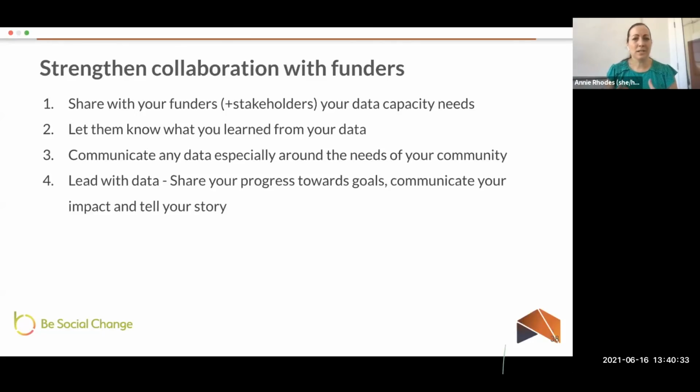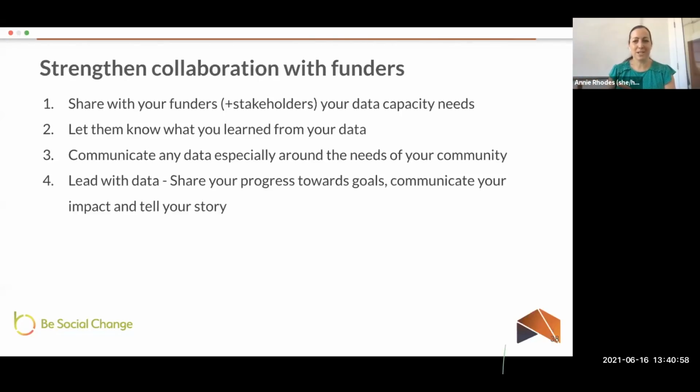It's important, and we could talk about the power dynamic, or the traditional power dynamic, between funders and their grant partners. But really, if you lead with data and you share your progress towards the goals and communicate your impact, you tell your story, the funders may take credit for that.